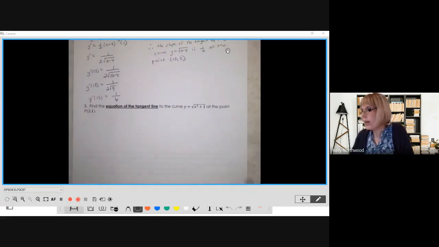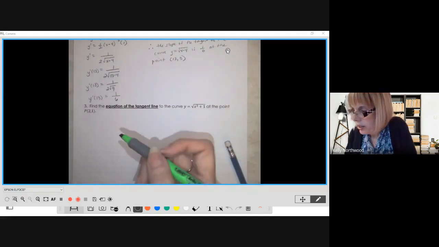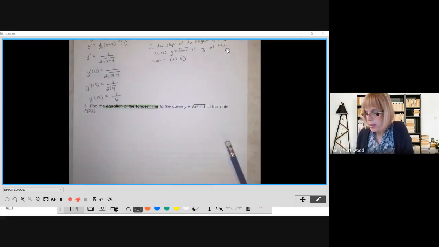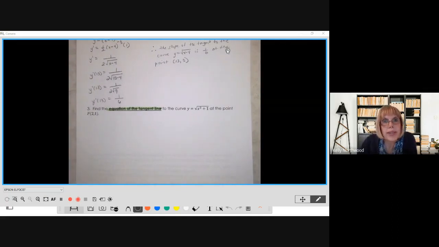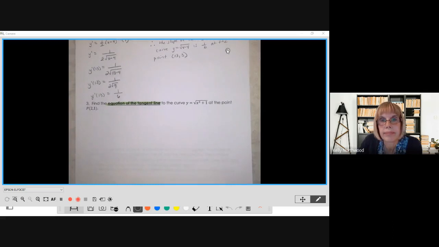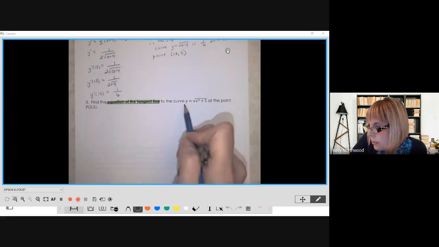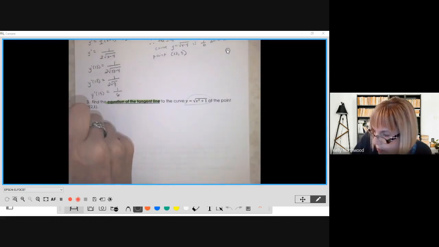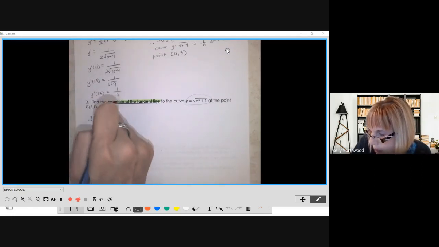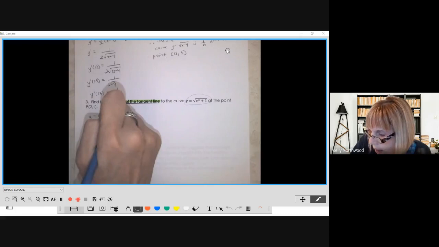And the next one, we're finding the equation of the tangent line this time. So again, first get the slope of the tangent, and then find the equation of the tangent line. First I'm going to rewrite that as a power function. So y equals x cubed plus 1 to the half.